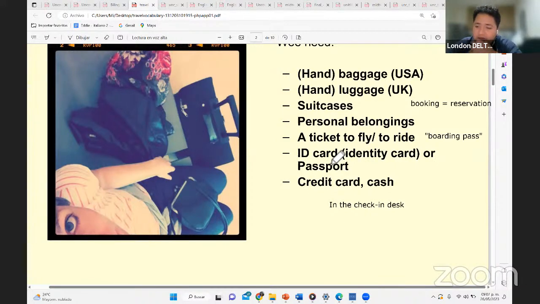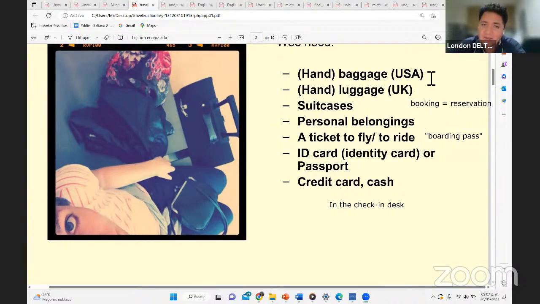Se llama ETAS, something like this, but it's like an electronic visa. Y me parece que también los países europeos lo van a pedir de ahora en adelante, desde creo que este año o el próximo, not sure. Es una visa electrónica, right? So, yes, it's something you have to take with you.